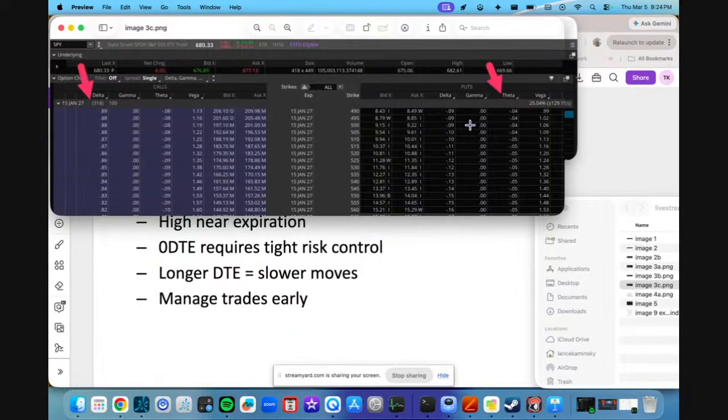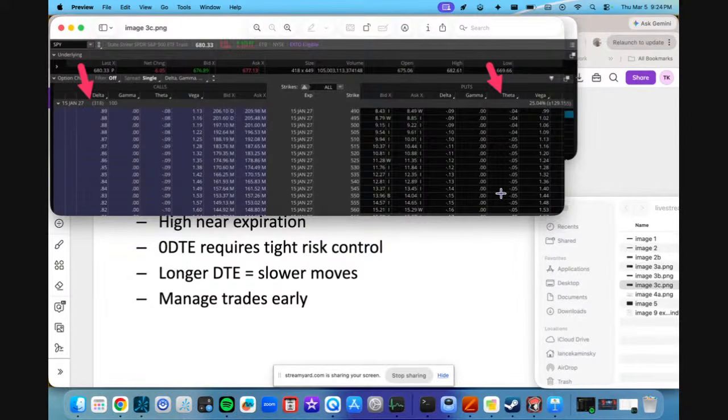Similar image. If you look at the gamma here, the gammas were 0.0 because I went really far out, 318 days out. If I was at 0 DTE and very close to the current price, the gamma would be pretty high.